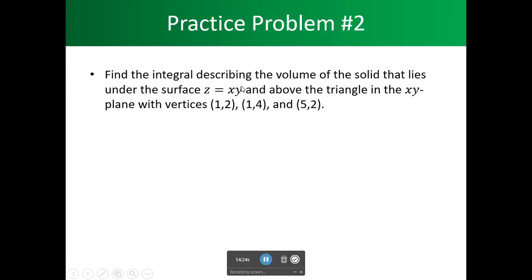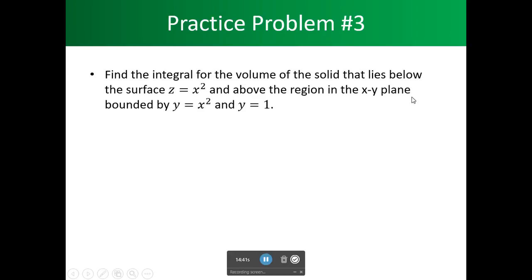Find the integral describing the volume of a solid that lies under the surface z equals xy and above the triangle in the xy plane with vertices (1, 2), (1, 4), and (5, 2). Okay, practice problem number 3.